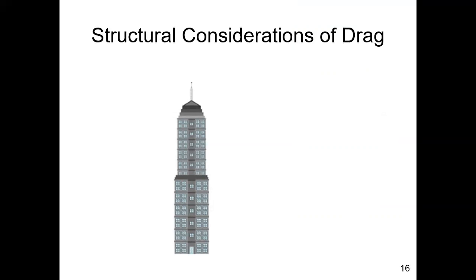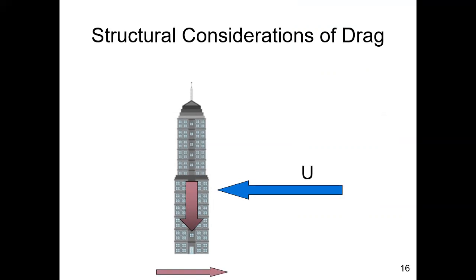So if we're looking at any type of structural considerations, again, we have, for example, the building. And the building's sitting on the ground. And what we're going to do is distribute the stress of the building to the ground. So that's a foundation problem. But now you have the wind blowing on this building, and you have to counteract the horizontal loading of this.